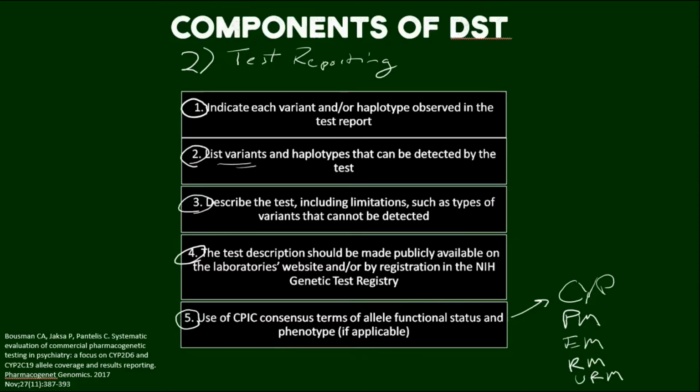Depending on what your CYP star allele is, you could be a poor metabolizer, you could be a normal or an extensive metabolizer, you could be a rapid metabolizer, and sometimes there's even an ultra-rapid metabolizer. So the recommendations are basically saying that you should use these CPIC consensus terms, which are usually poor, extensive, rapid metabolizer, in your interpretation of the genetic results and the delivery through the decision support tool.